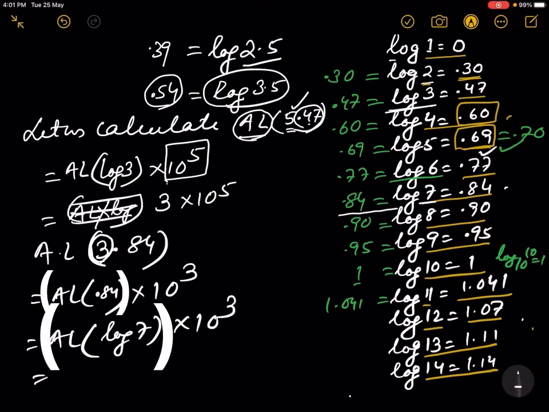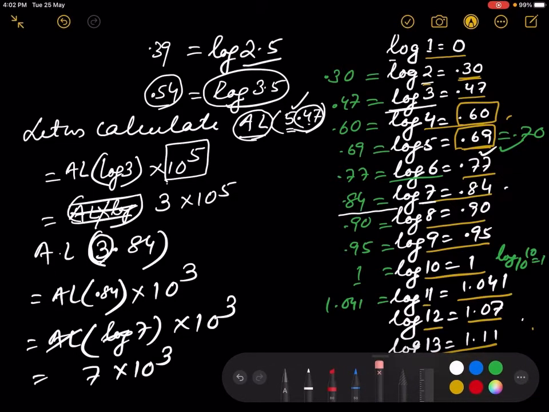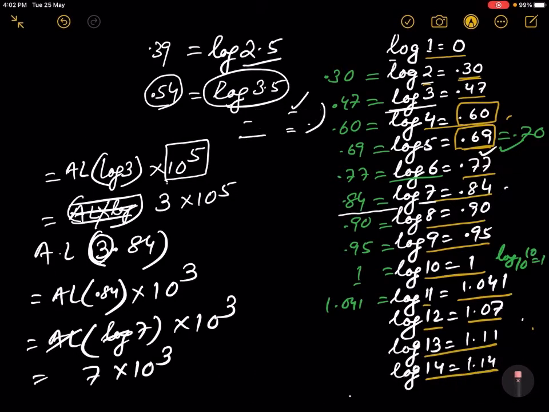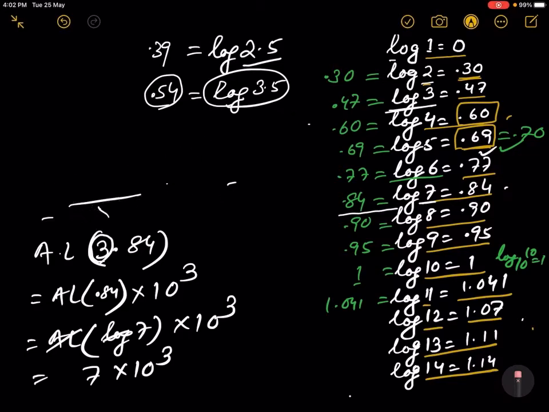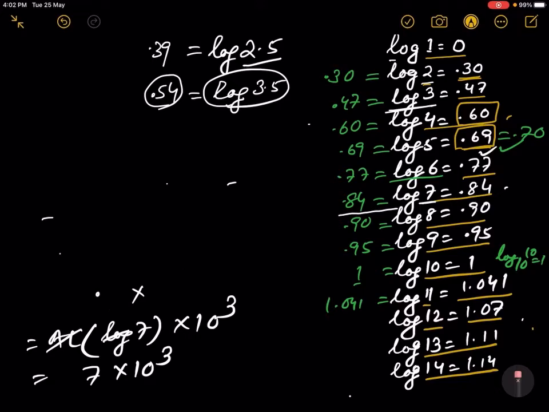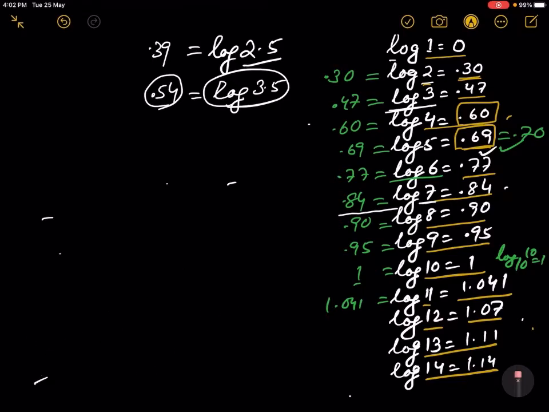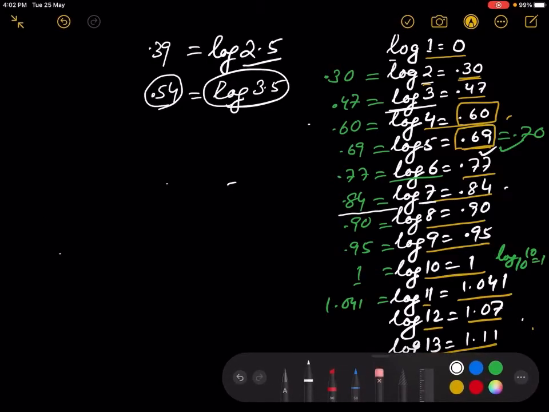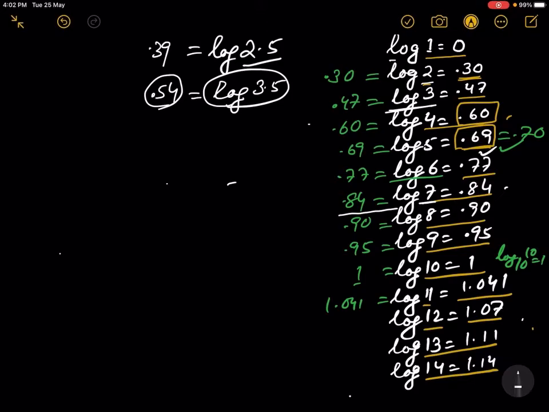Now we have to do another one. Let us find anti-log of 5.39.